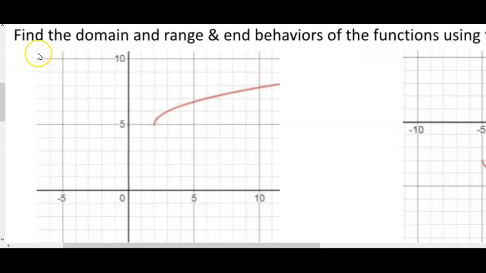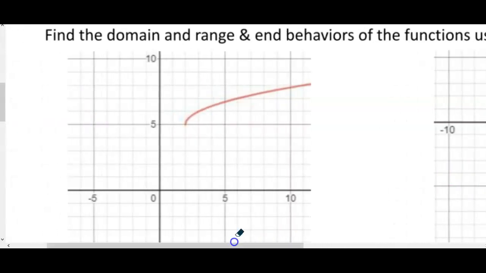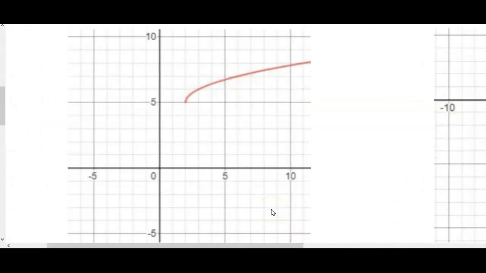Alright. Find the domain and range and end behaviors of the functions used in the graphs. Okay, so for this first one right here, I want you to see that there is an asymptote right here. This is a vertical asymptote.